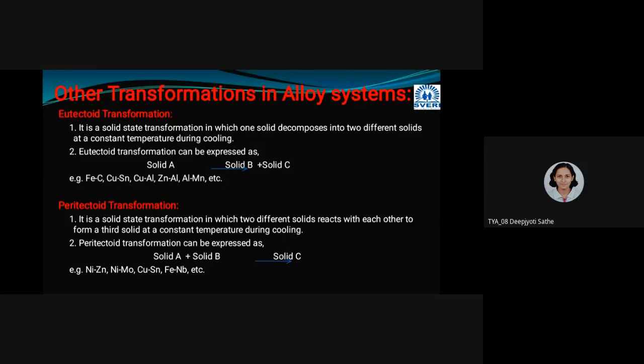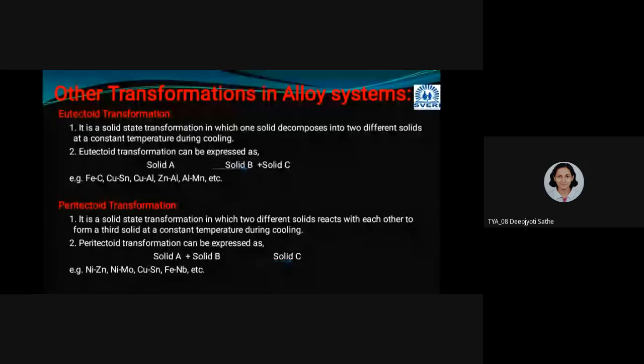One solid will decompose and form a mixture of two solids. Some examples I have mentioned here: iron and carbon alloy, copper and tin alloy, copper and aluminium alloy, zinc and aluminium alloy, aluminium and manganese alloy. In these different alloys, one solid will decompose to form two different solids.